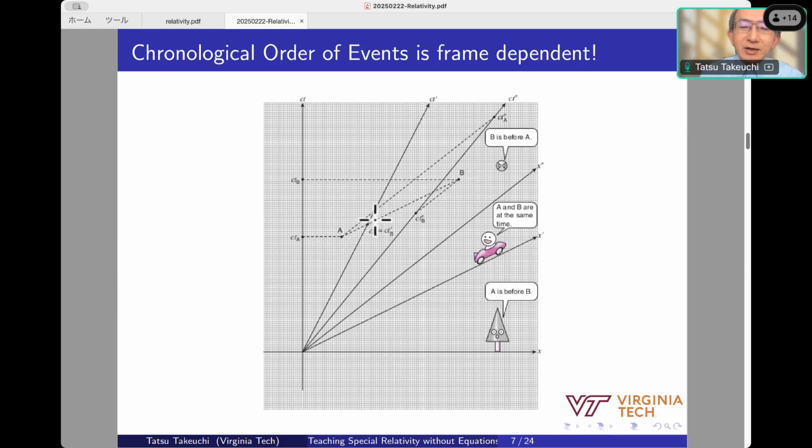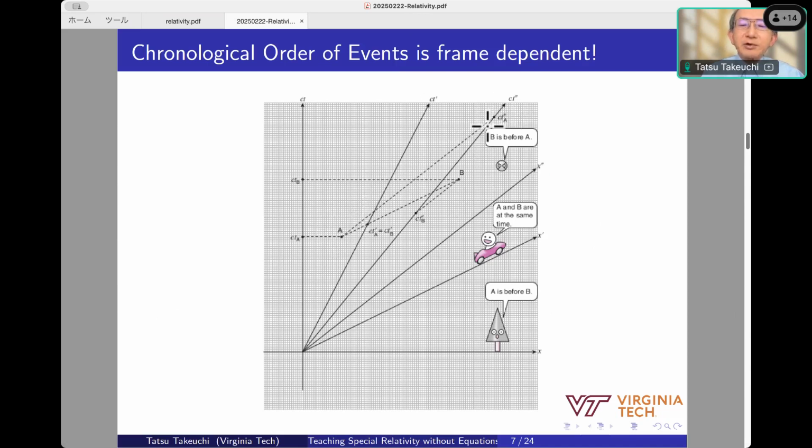Now if we go to another frame which is moving even faster to the right, given by the x double prime and ct double prime coordinate axes, in this situation, to find the time coordinate of A, we need to draw a line parallel to the space axis, which is the x double prime axis, and look at where it crosses the time axis. So the time coordinate of point A is up here.